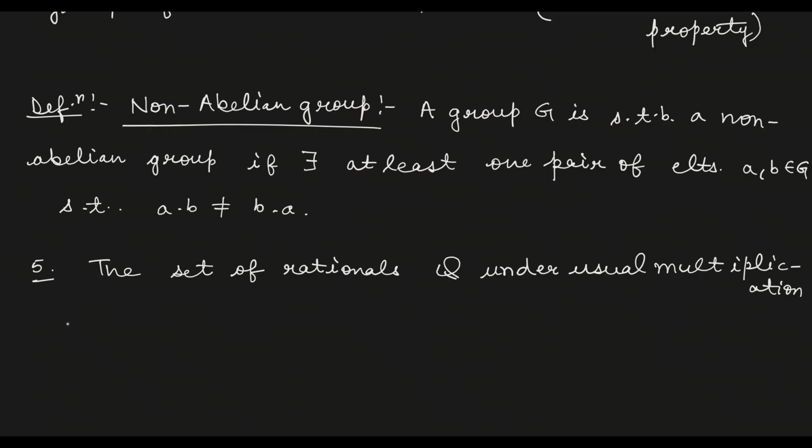It is not a group because closure property will be satisfied, associative property will be satisfied. For this, identity element will be 1. What about inverse? Will the inverse of every element exist? 0 will not exist, na? Yes. 0 belongs to rationals, has no multiplicative inverse.